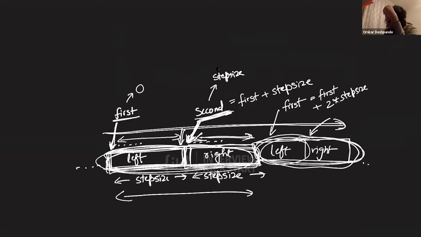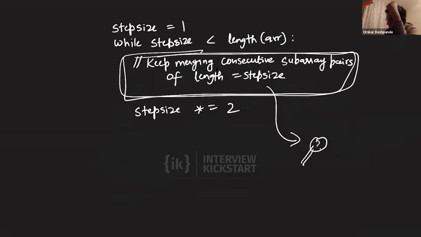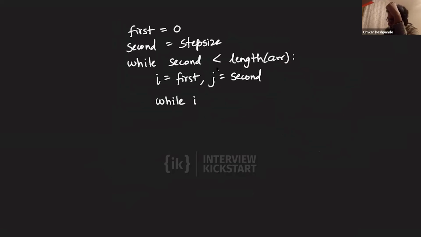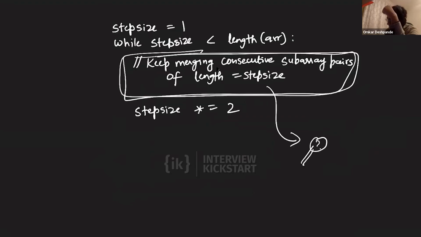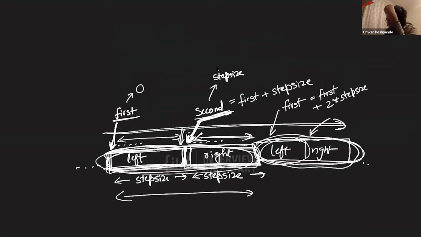So while i is less than the second pointer, that means it's within the bounds of the left subarray, and j is less than... it's possible that if this is the rightmost pair, then the right subarray might not be of length equal to step size. It could be shorter.